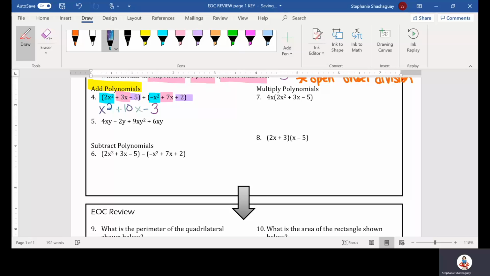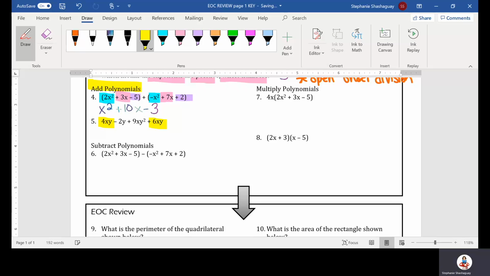Looking at number 5, we have 4xy minus 2y plus 9xy squared plus 6xy. The only two terms that are alike here are my xy terms. I cannot combine an xy with a y, and I cannot combine an xy with an xy squared.